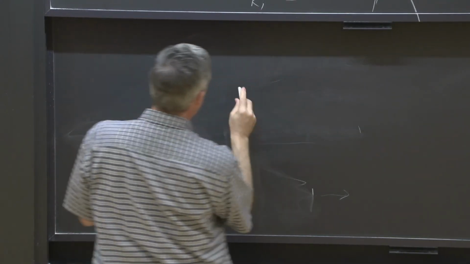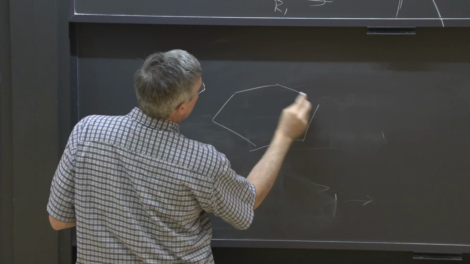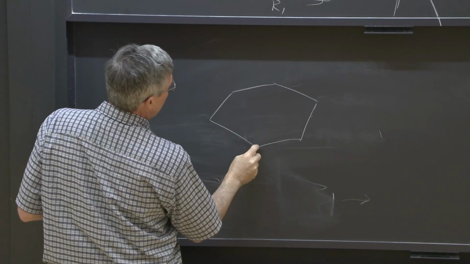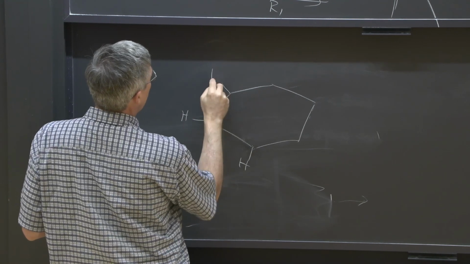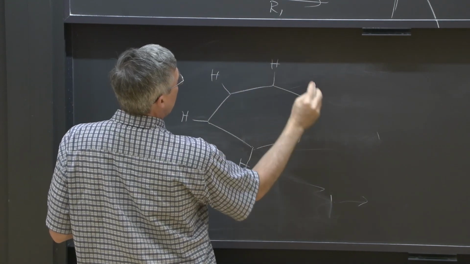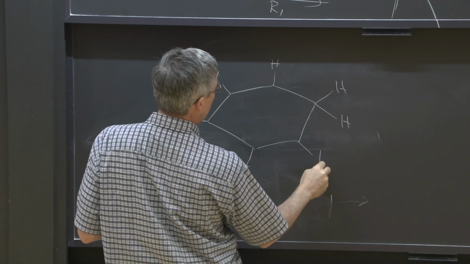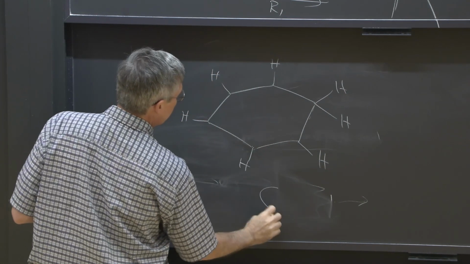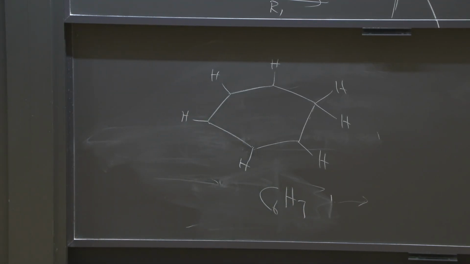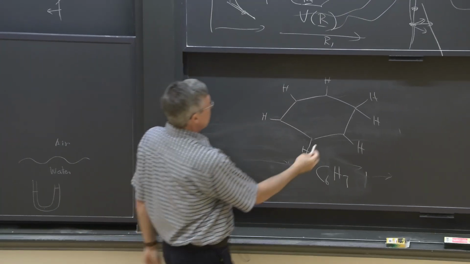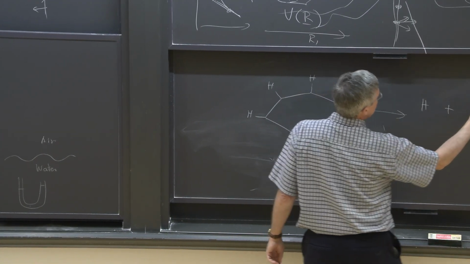So C6H7 is a hexagon, and all of these carbons have a single H on them, except for one of them. So this is C6H7. And we're wondering about this spitting out one of these H atoms to go to H plus benzene.